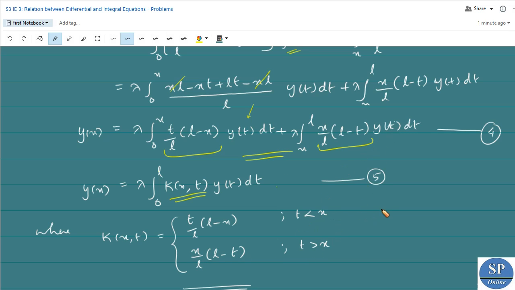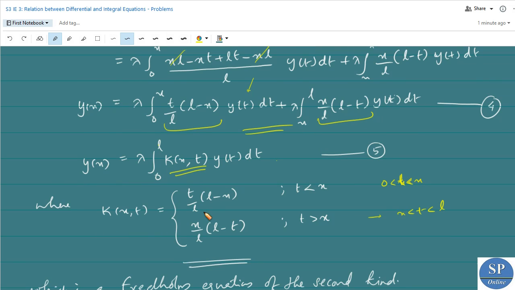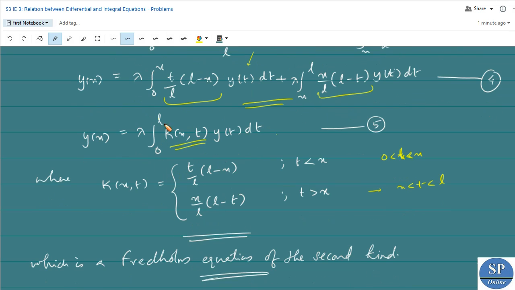This interval is actually 0 less than t less than x, and the second interval is x less than t less than L. Okay, so we converted our boundary value problem into this Fredholm equation. This is the required Fredholm integral equation corresponding to the given boundary value problem.